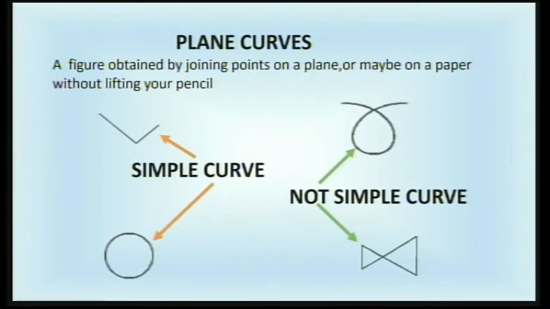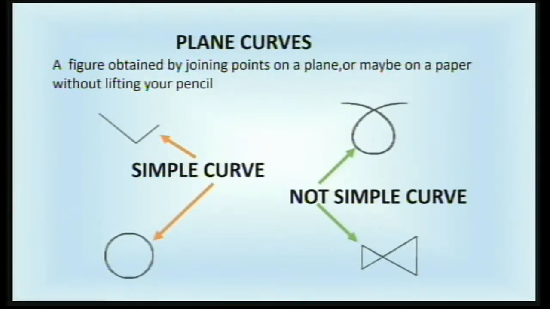Why are these called simple curves? You can see clearly that there is no overlap in the boundary for these 2 curves on the left, whereas in the curves on the right side, you have an overlap in their boundaries. That is why these cannot be called simple curves. Curves which do not have any overlap in their boundaries are classified as simple curves.